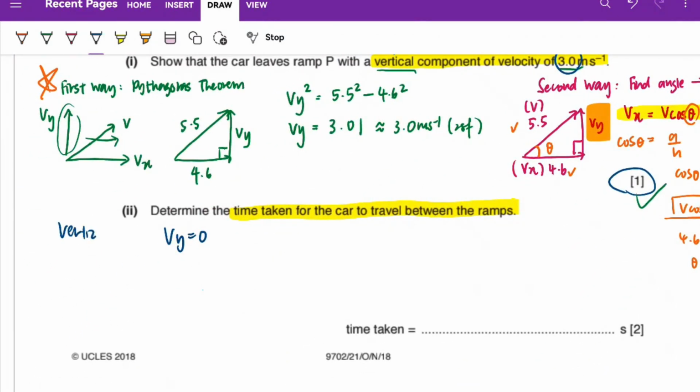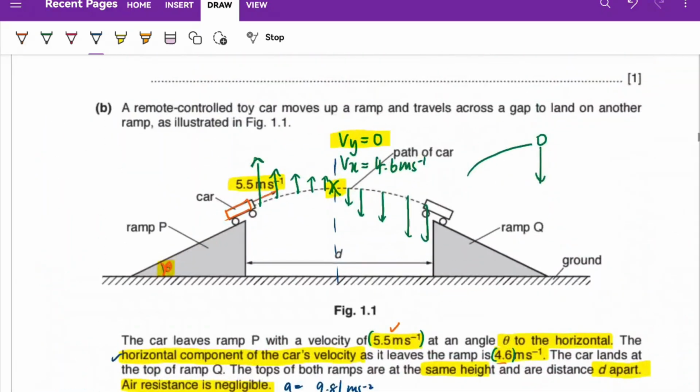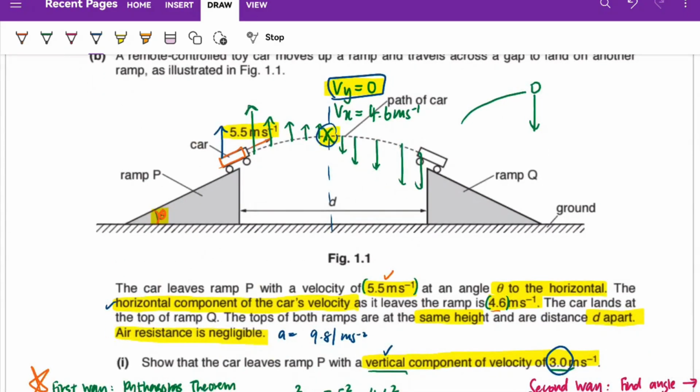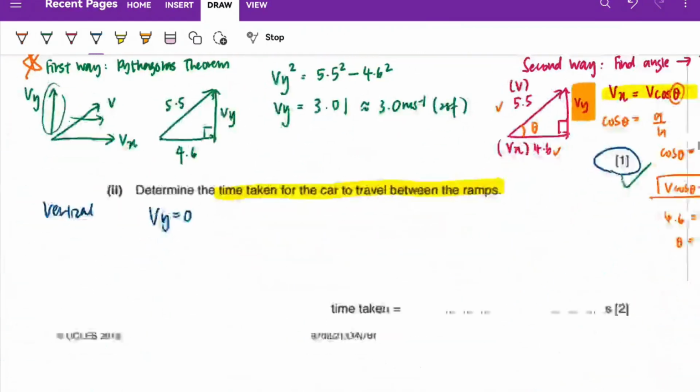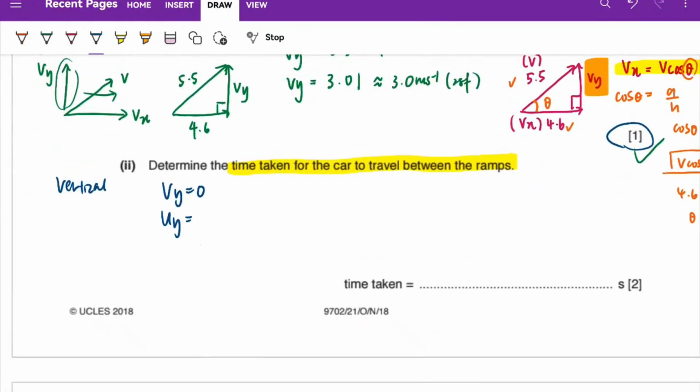So what is the vertical component initially? It was 3. We found it. So our vertical component initially is 3, not 5.5. 5.5 is the initial velocity, not the initial vertical component velocity. There's a difference, yeah? Okay.